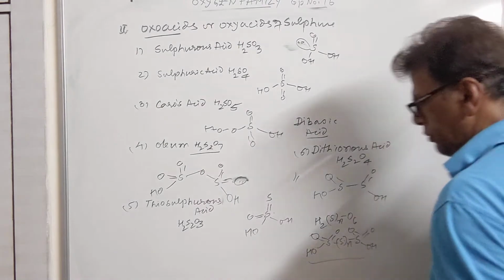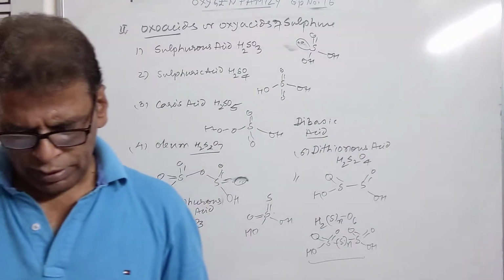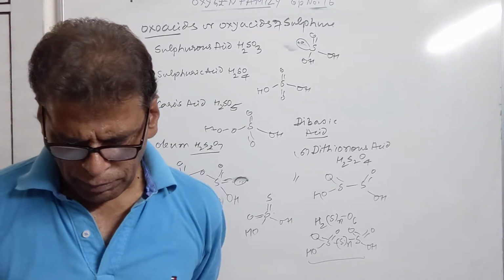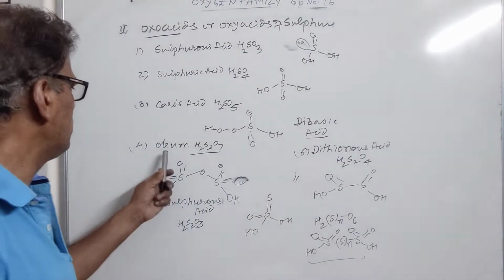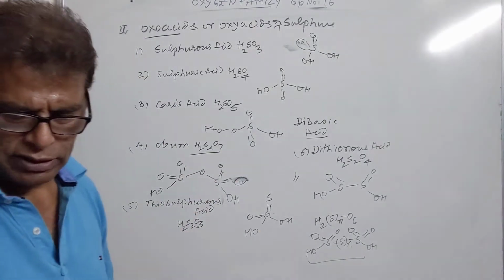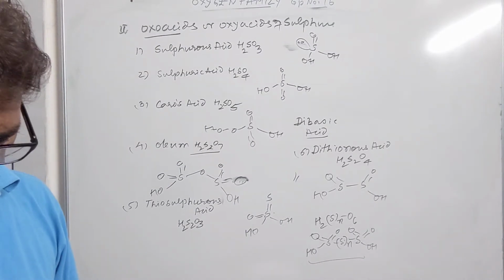So this is polythionic acid. Then we have peroxomonosulfuric acid, that is also called Caro's acid. We have already discussed its structure. So this is regarding the oxo acids of sulfur.